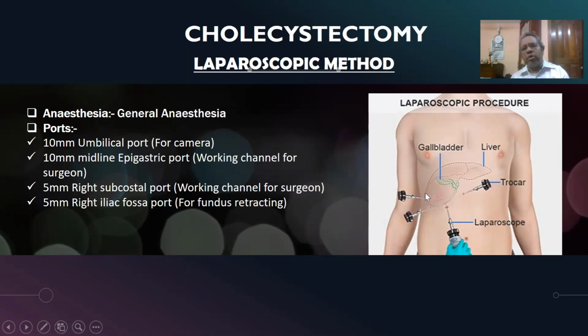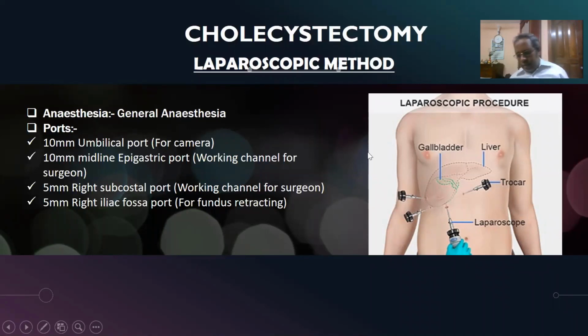Two forceps are needed, and the ports are needed for working the surgery. For that reason, it is called the working channel for surgery. So that thing is asked in the exam. That is all terminology everybody must know, because a lot of questions are asked from those pages only.